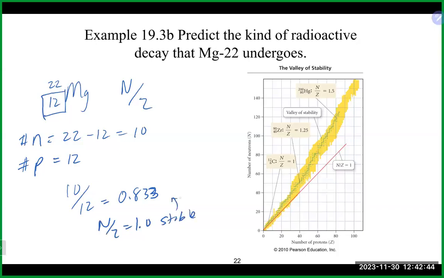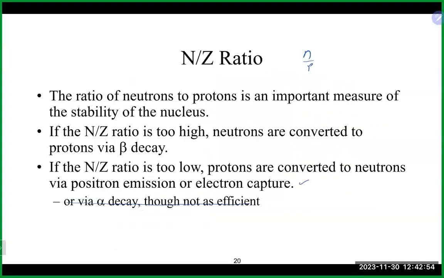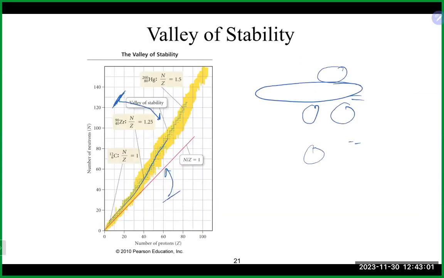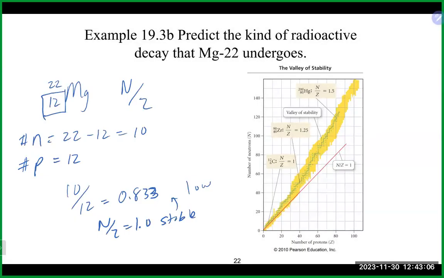Clearly here we are a little bit low in terms of where we want to be. Because it is low, as we saw on the previous slide, we're going to go through one of those two options, either positron emission or electron capture. And we can write the equation to see what we get. If we did our electron capture in this case, we will end up with 12 minus 1, which is 11.